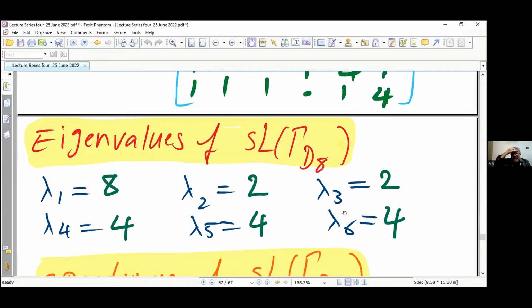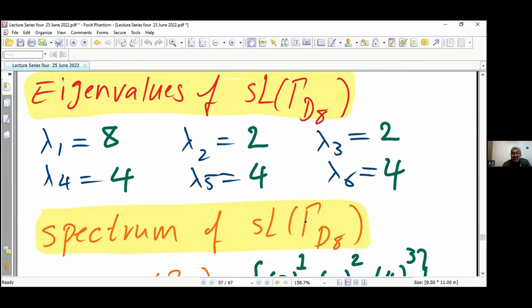The eigenvalues of the signless Laplacian matrix of the non-commuting graph of D8: we have 8 as the first eigenvalue. We have 2 eigenvalues equal to 2, so lambda 2 and lambda 3 are 2. And we have 3 eigenvalues equal to 4, so lambda 4, lambda 5, and lambda 6 are 4.